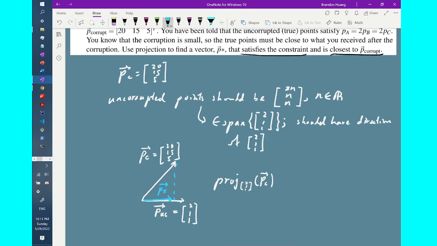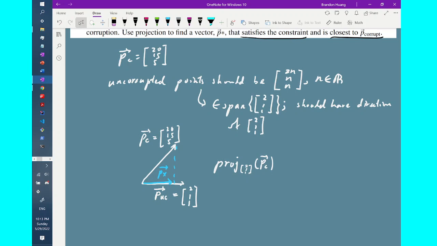So now we have to calculate this projection, and we have to remember the projection formula, which is derivable via some geometry, but it's always easier to remember it anyways. So I'm going to write out the formula, and then since this is in the direction of (2, 1, 1), it will naturally be that we multiply this magnitude by (2, 1, 1).